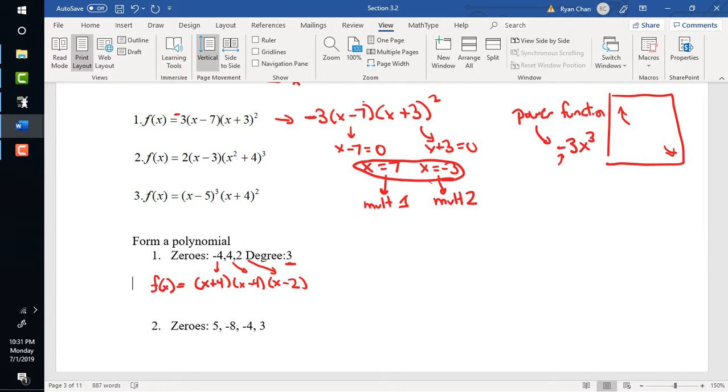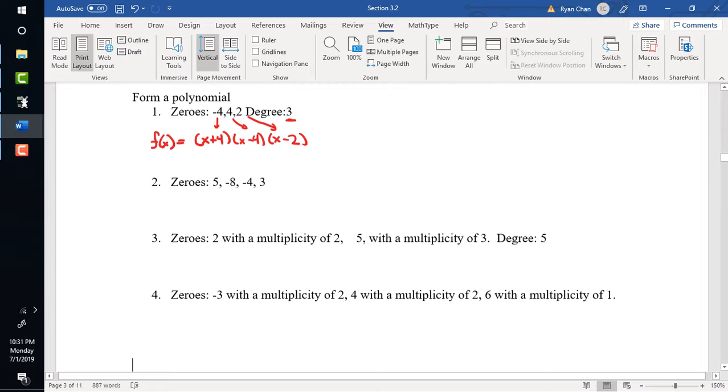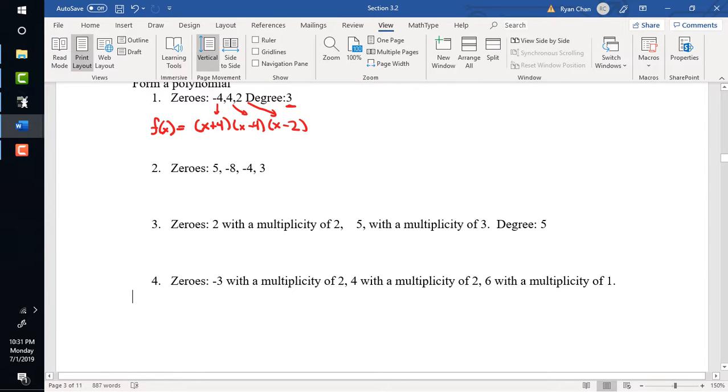Let's look at another example right here. Let's look at these two. I have a zero at 2 with a multiplicity of 2, so x is equal to 2. My factor form will be opposite: x minus 2.